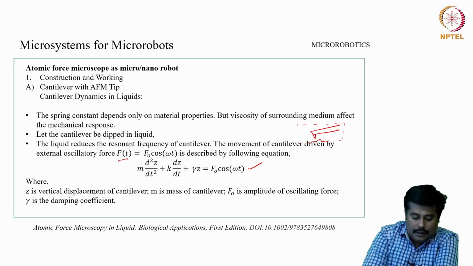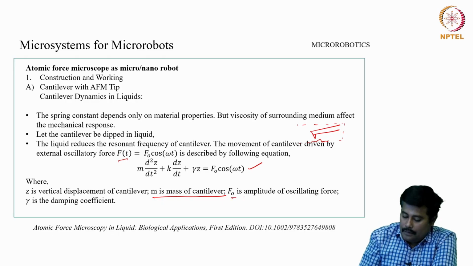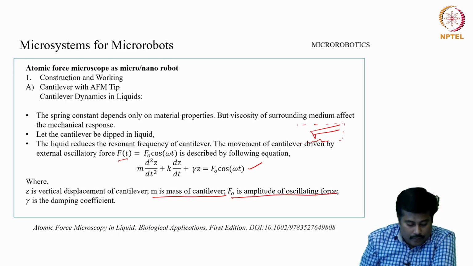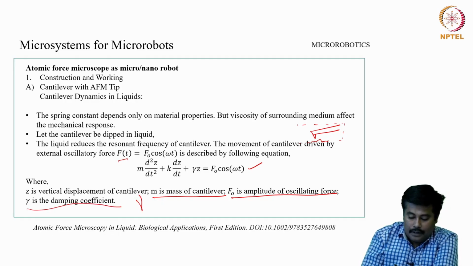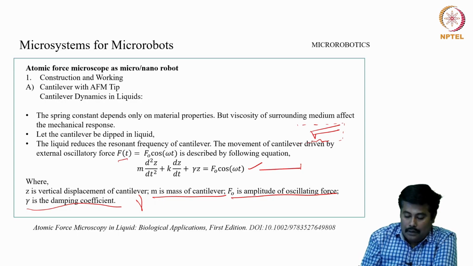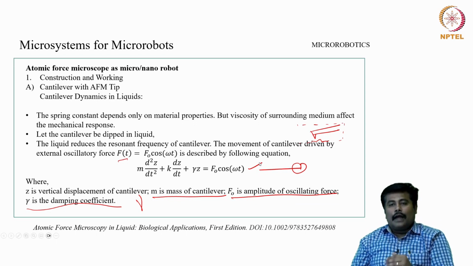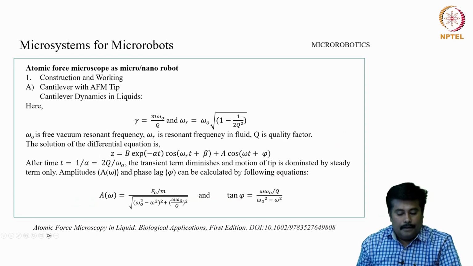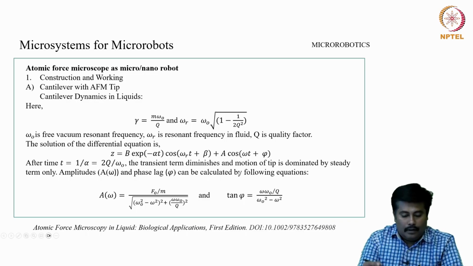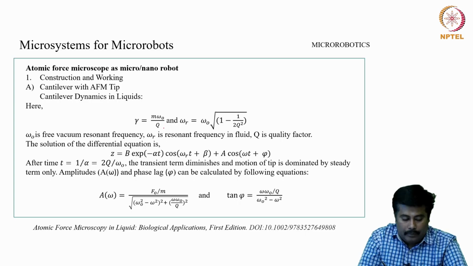So, z is the vertical displacement of the cantilever, m is the mass of the cantilever, F naught is the amplitude of the oscillating force, and gamma is the damping coefficient. Then the overall governing equation represents the cantilever working in a liquid medium. Further, gamma is m omega naught by Q.